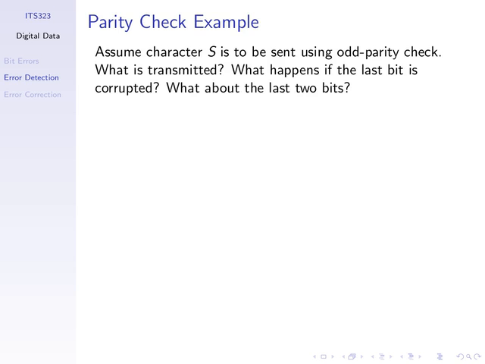That is, these two bits are inverted at the receiver. What's the outcome?